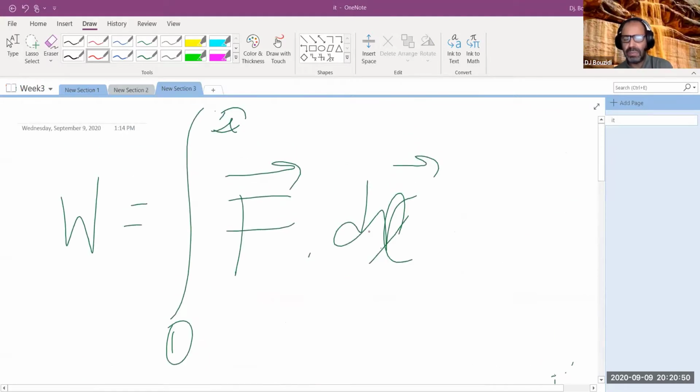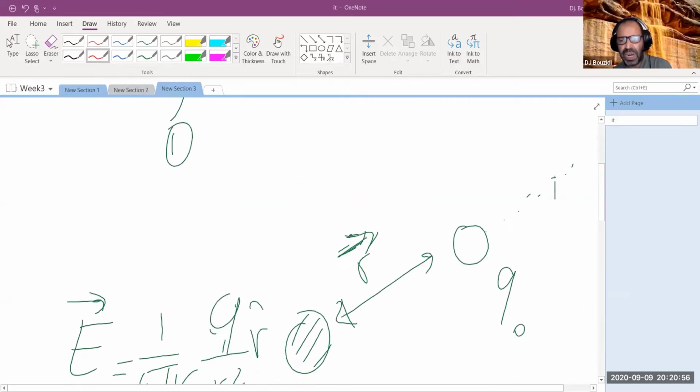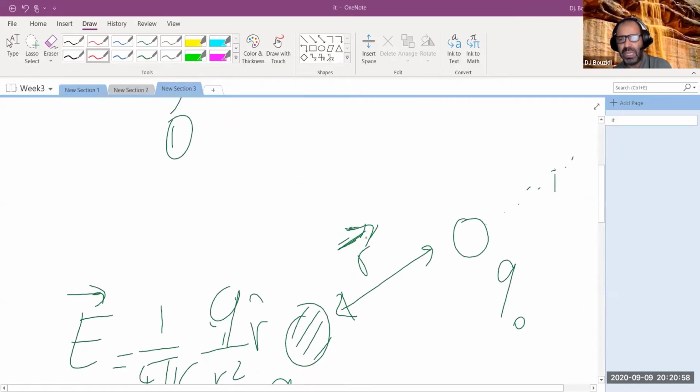The work is force times displacement. The only thing I have to be careful with is that the displacement is in the radial direction. I'm bringing the charge from infinity on the same axis, on the radial direction. So in this case, the infinitesimal displacement dl is actually the change in the radius. But the change in the radius is coming from infinity toward where the charge is, closer to the charge.